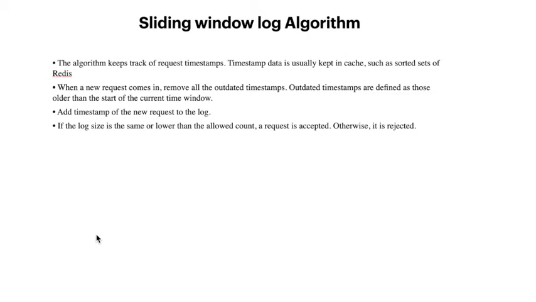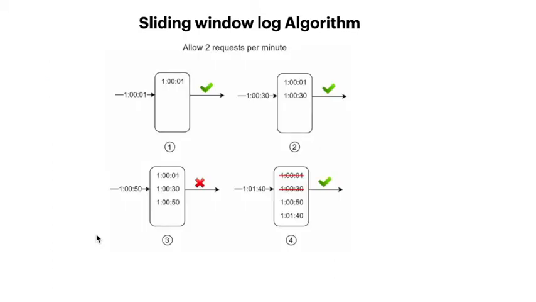Outdated timestamps are defined as those older than the start of the current window. Add the timestamp of the new request to the log. If the log size is the same or lower than the allowed count, the request is accepted, otherwise it will be rejected. I will explain that with an example.